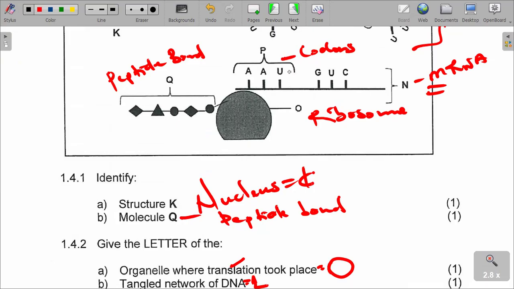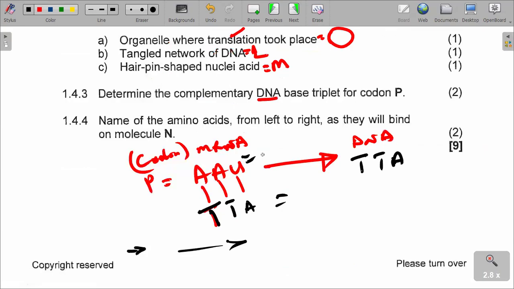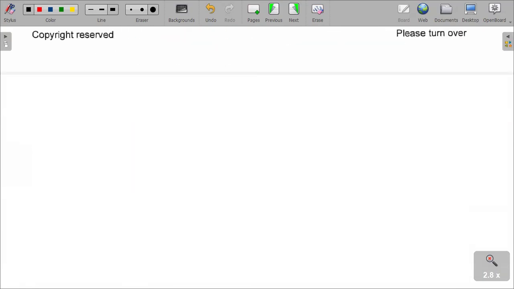We are looking at molecule N, and we are going to read them from left to right. So we have AAU, that is question 1.4.4.